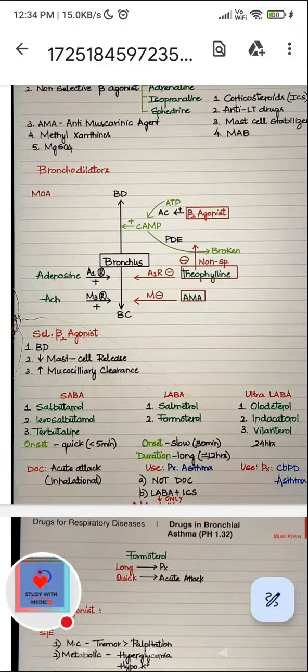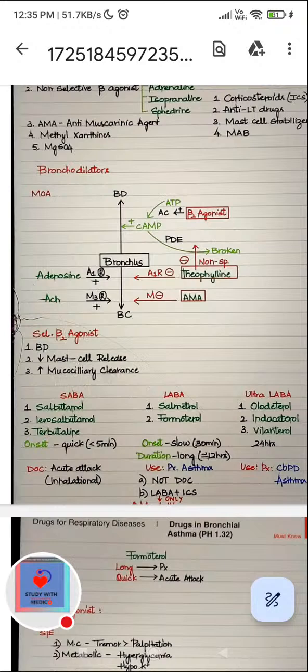Here we want beta 2 selective. We don't want to act on heart, we want to act on lungs and bronchus. So selective beta 2 adrenergic agonists we give, salbutamol and terbutaline. These are short acting. Bambuterol, salmeterol and formoterol, these are long acting.